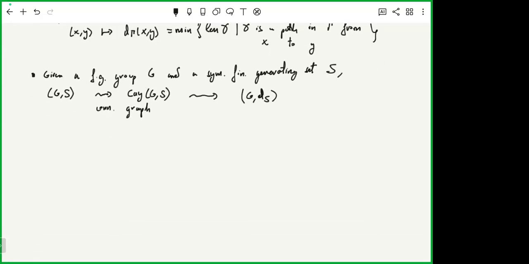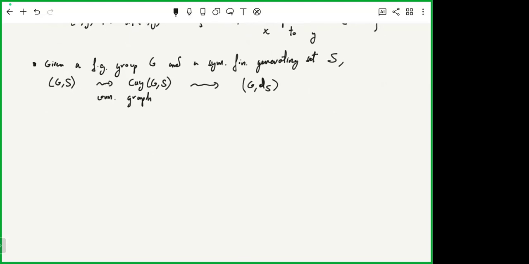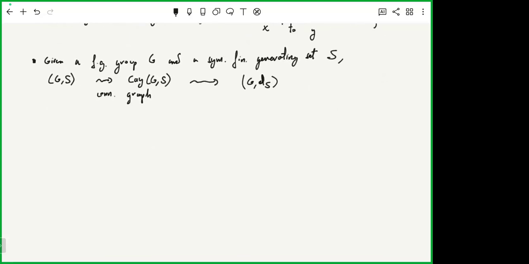Okay, so to be more clear, what is this distance here? The distance is defined on G, and the distance from one element of the group G to an element H is the word length of this multiplication.